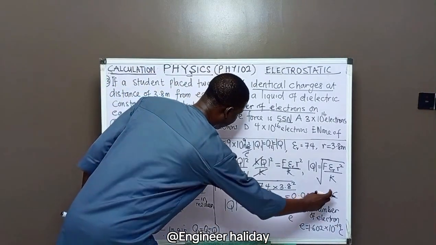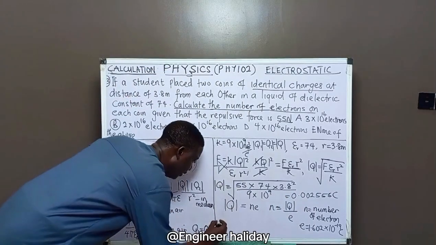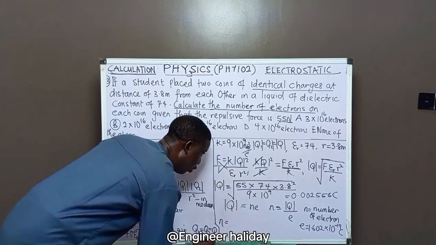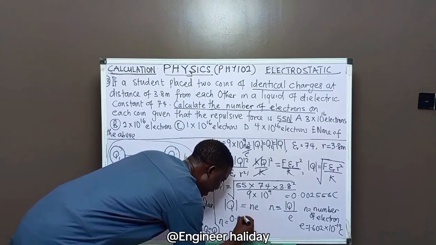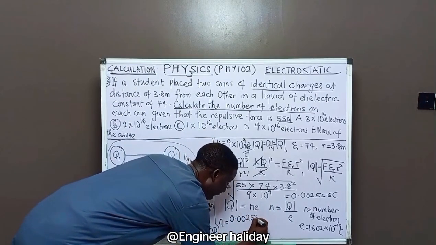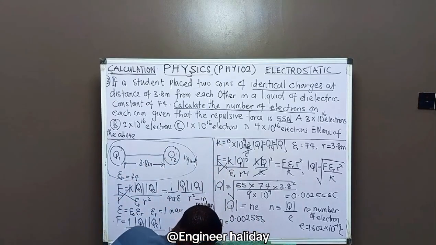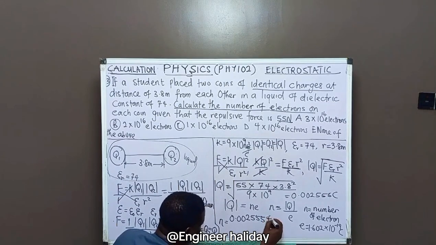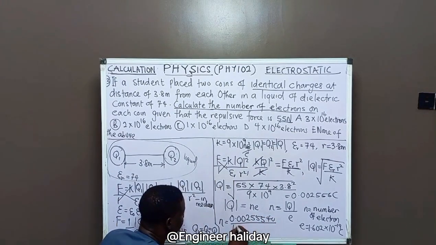Our charge has already been solved, this is our Q. So let us now put the value there. I would have N equals Q, which is 0.002555 and so on, 40 something, then divided by the electronic charge, which is 1.602 times 10 raised to the power minus 19.